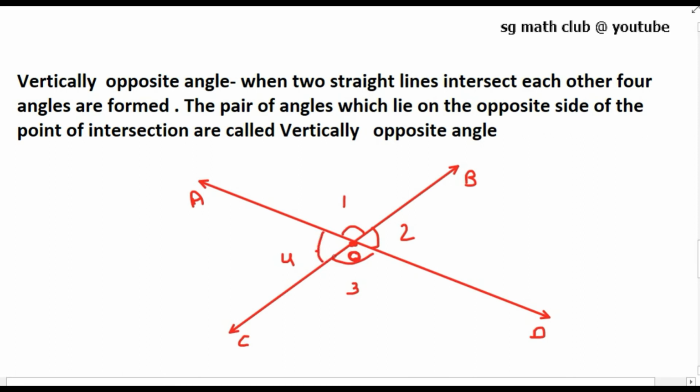Angle AOB and angle COD are opposite to each other and are called vertically opposite angles. Again you can see one more pair, angle BOD and angle AOC. So these are vertically opposite angles.